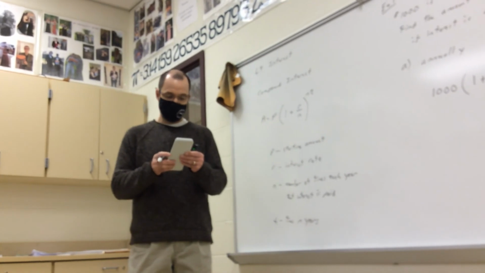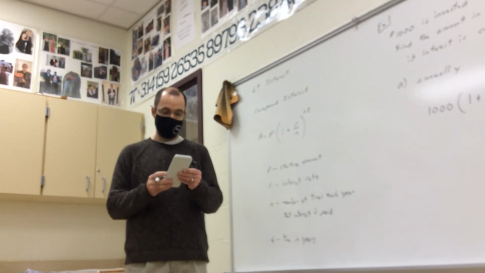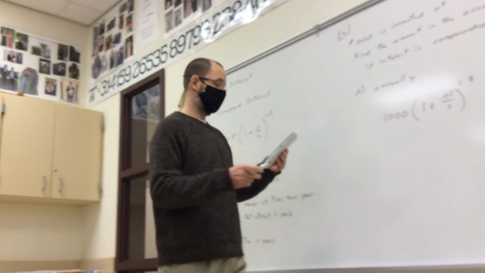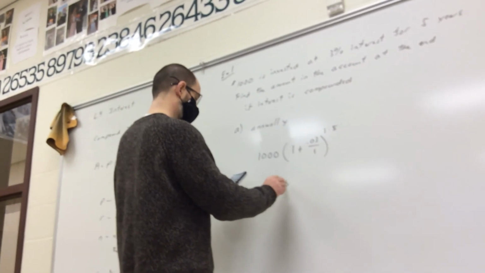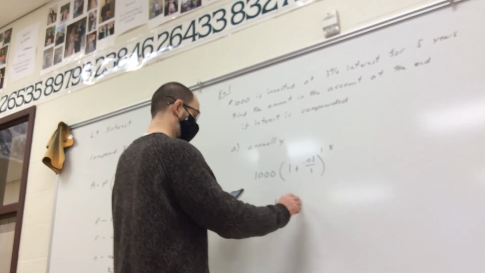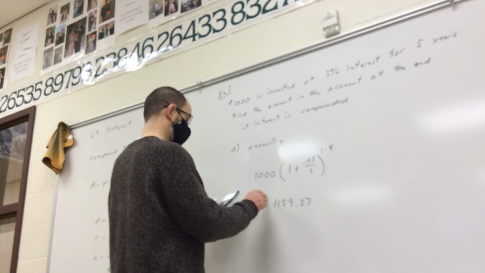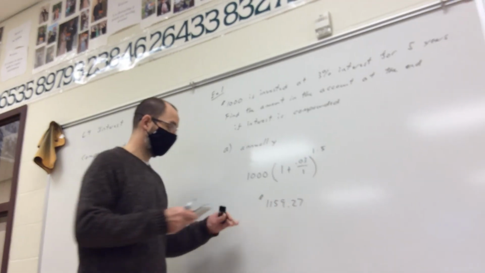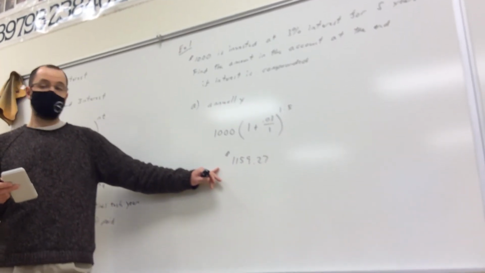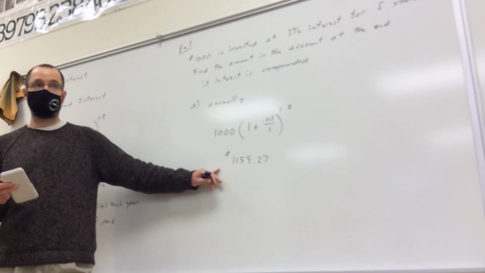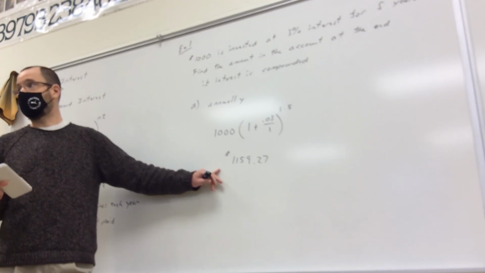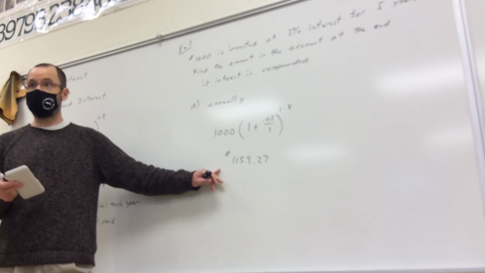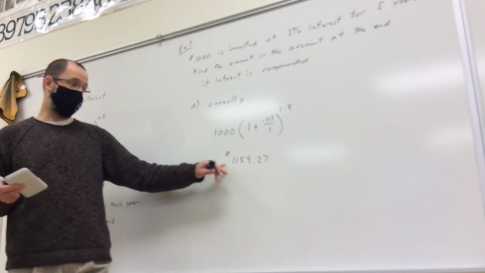So I'm getting $1,159.27. Remember, in calculus class, you always round to 3 decimal places, except I'm going to break my rule here because this is dollars and cents.